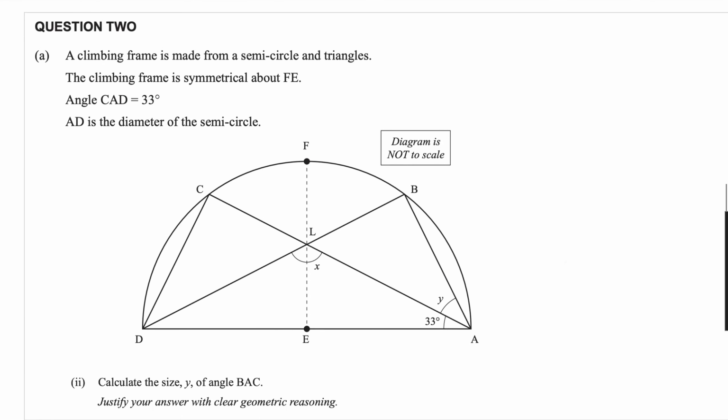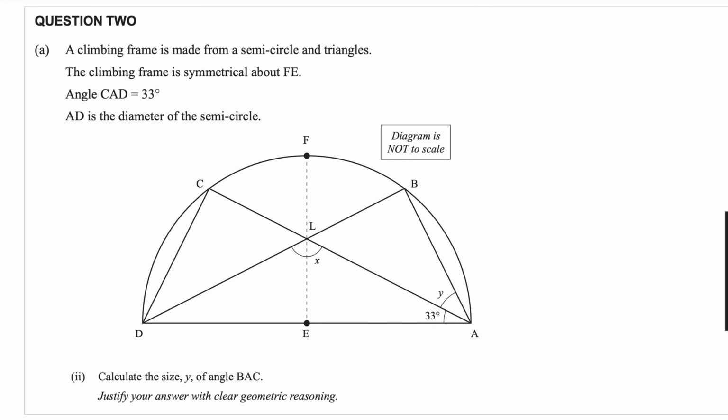Okay, the next part of the question, we're still with the same thing, but we want to calculate angle Y, which is here. Now what we can actually say is from the previous question, because we found out what angle LDA is, which is equal to 33 degrees. So that's 33 degrees.